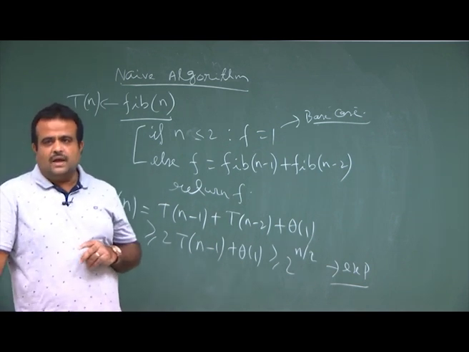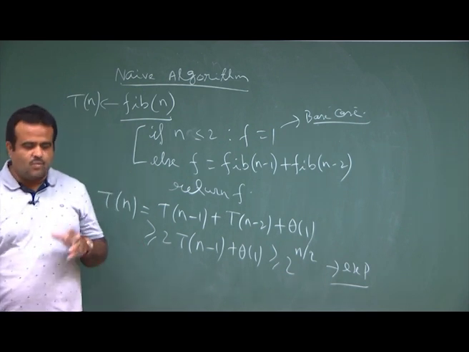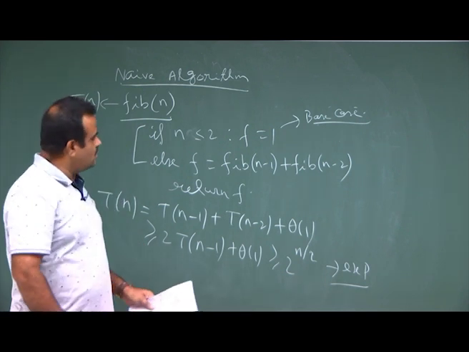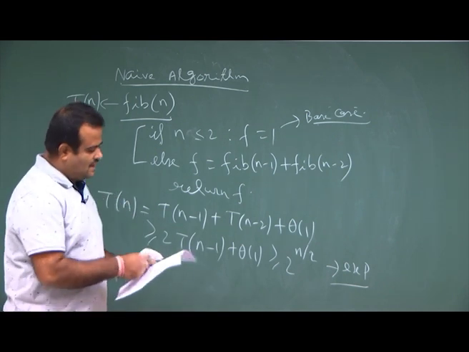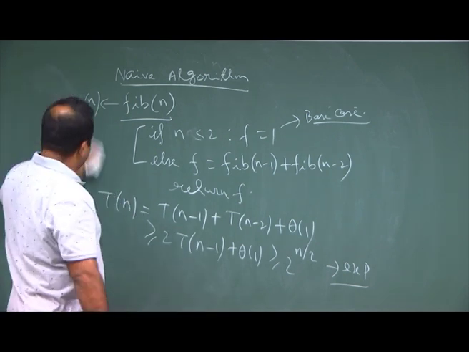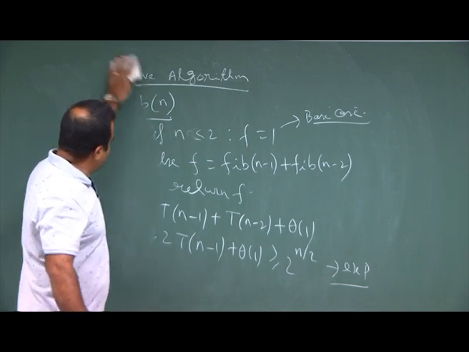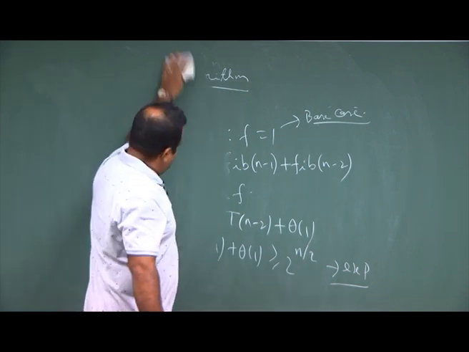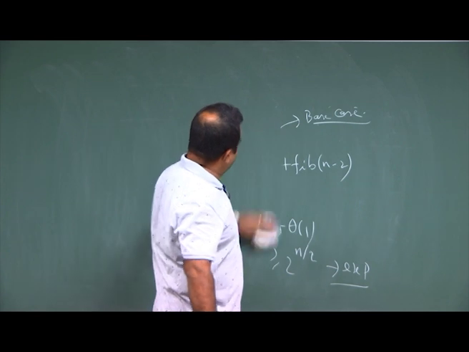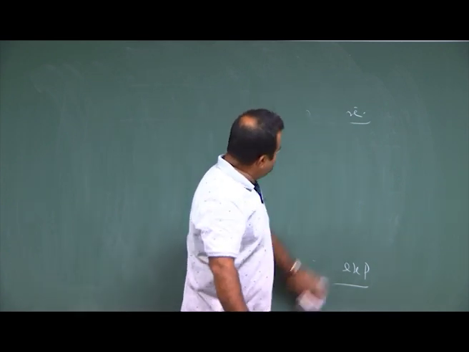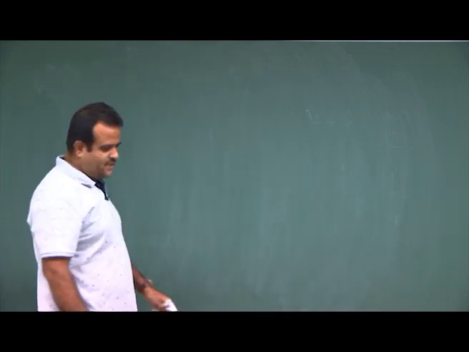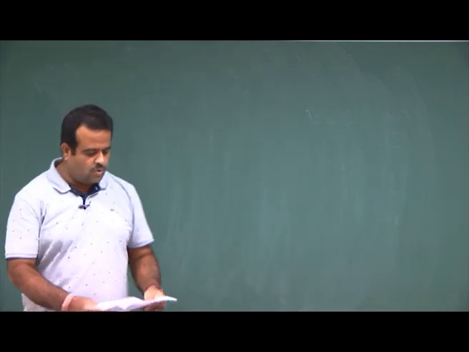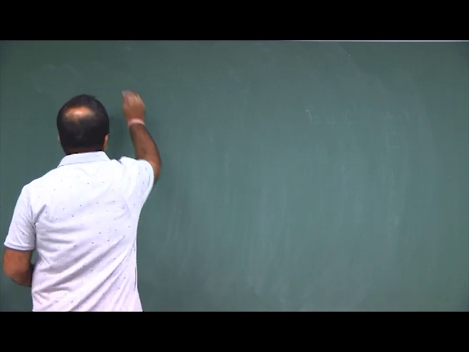One is the memoized DP algorithm, another one is the bottom up DP algorithm. First let us start with memoized DP, because this is exponential, and exponential is bad. So, we want to use the DP technique to reduce this time complexity from exponential to polynomial. This is the first technique we will use, the memoized DP algorithm.